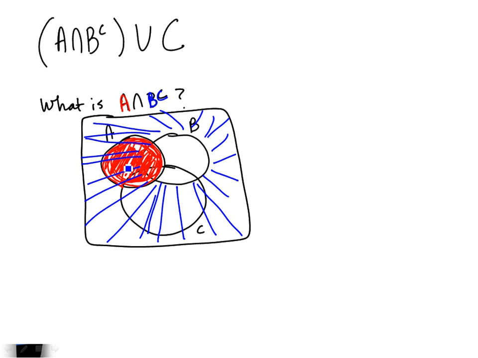Where do they overlap? It's only this part of A here. Not all of A, but just this part where the blue and red touch. That's what A intersection B complement is.